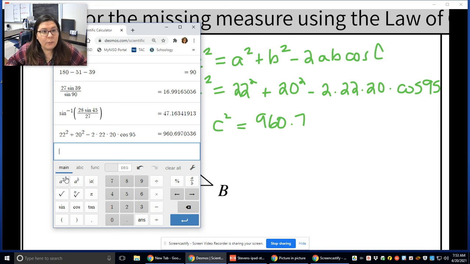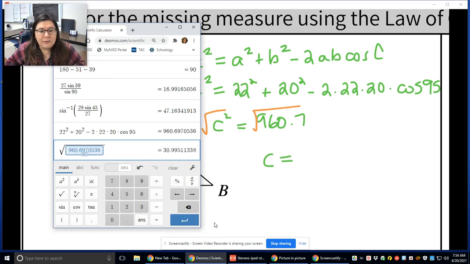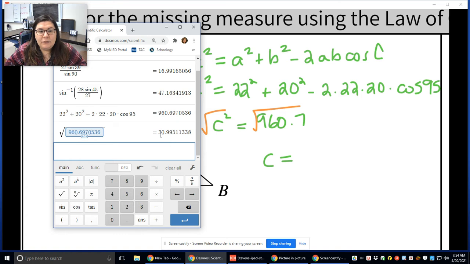But that's for c squared. I want it to just be regular c. So in order to get rid of that squared, we're going to square root both sides. So c is equal to, so here in Desmos, there's a button that says answer. So I'm going to do square root of answer, and that just gets the previous number. So that would be 30.99. Let's just call that 31, right? 31.